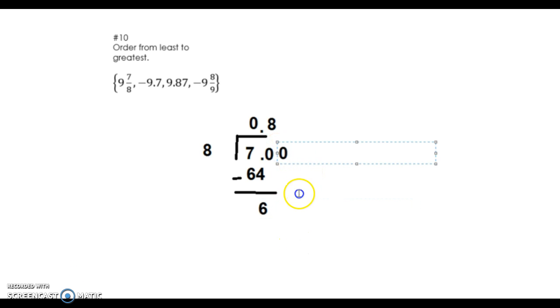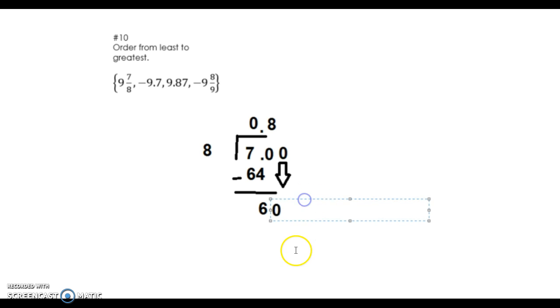We're going to have to add another 0. Bring it down. So we have 60 now. Now 8 times what is 60? 8 times 8 is 64, so 8 times 7 is probably going to get us close, right? And it does, because it's 56. We subtract again. We end up with 4.